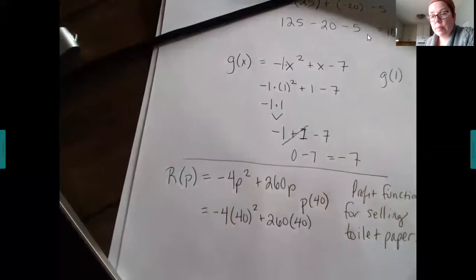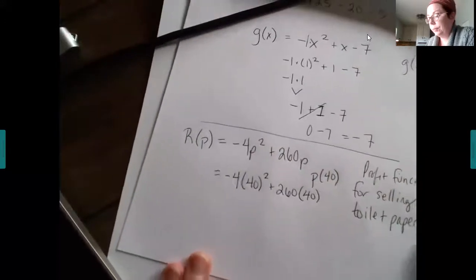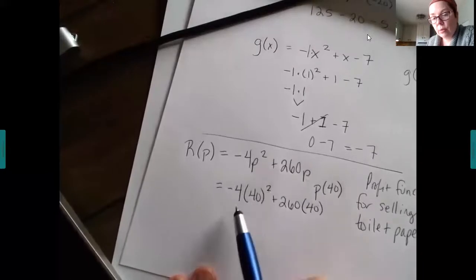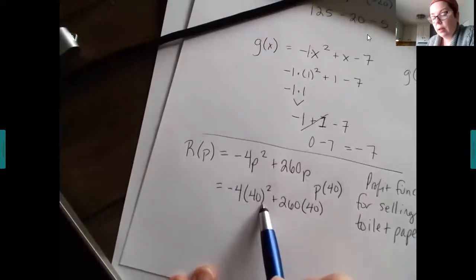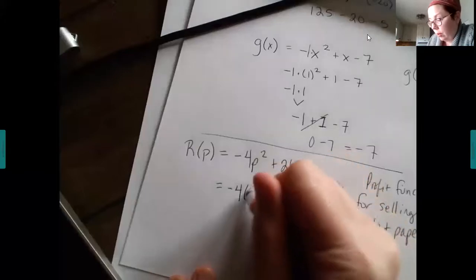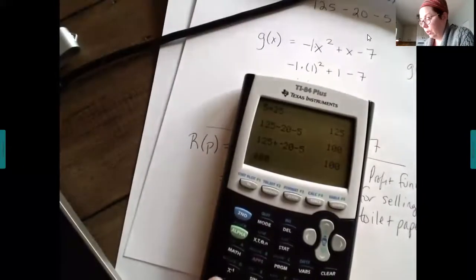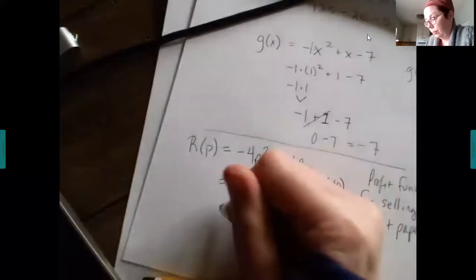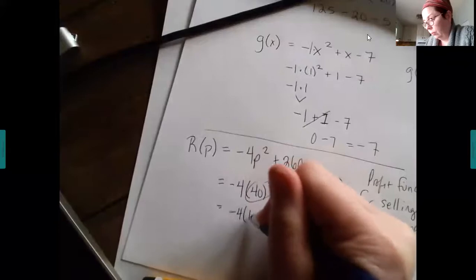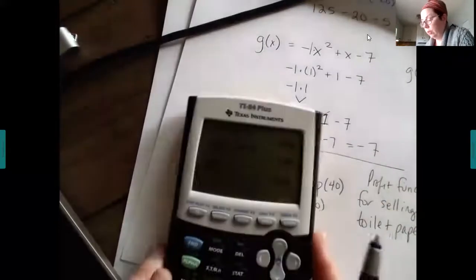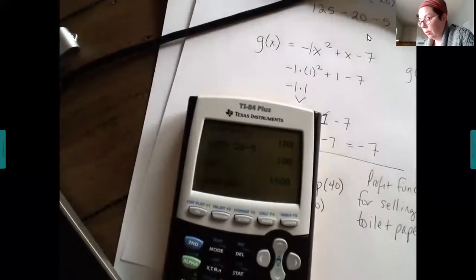And then again, it's just a matter of order of operations. Again, we do exponents before we multiply, okay? And then, so we're going to do this first in our calculator. Do 40 squared, which is 1600. And we could do this right here. We can do 260 times 40.